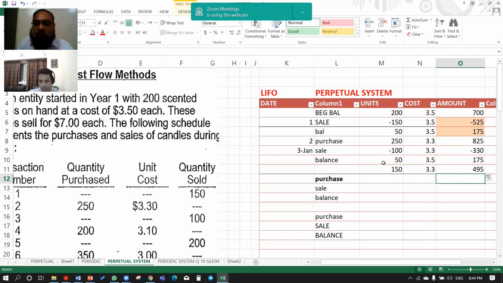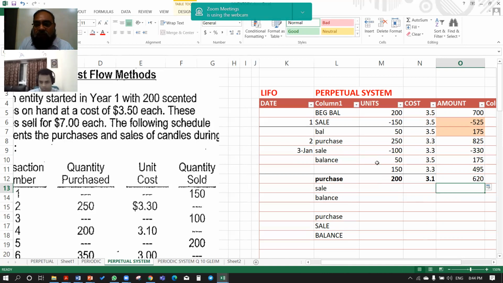Now we have these two lots, and after the third one we have the fourth one, a further purchase of 200 units at 3.1. So the value will be 620. Next the fifth sale is coming, that is 200 units.